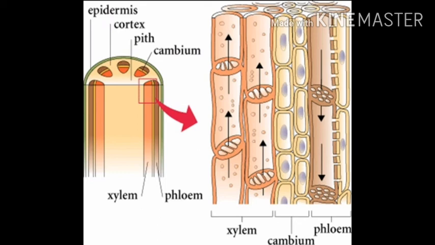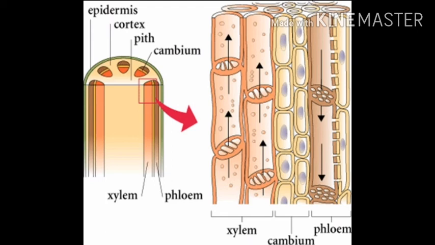So there are some differences between them also. Xylem contains dead cells, whereas phloem contains living cells. Second, xylem transports water and soluble minerals from one place to another, and phloem transports the food materials.